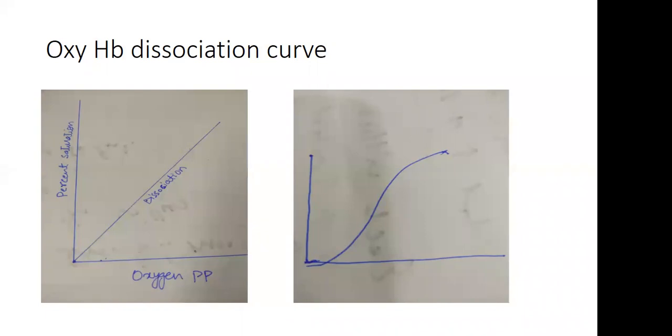That's why this changing attitude of hemoglobin at two different points, pulmonary area and the tissue area, means the curve is not a straight line, rather it is a sigmoid, as you can see on the right.